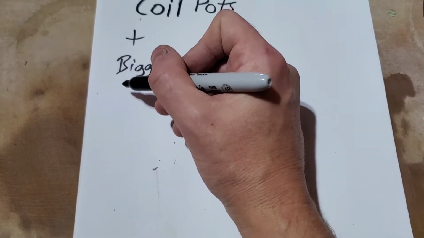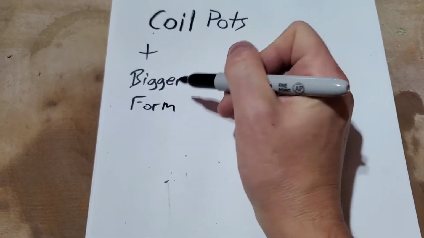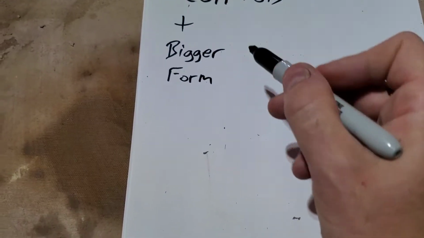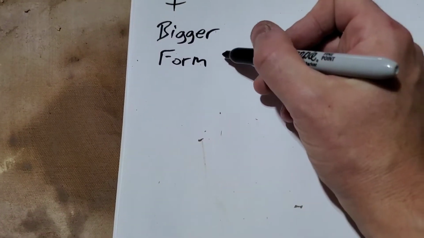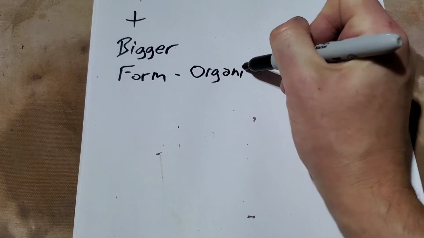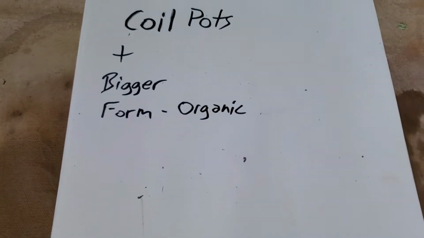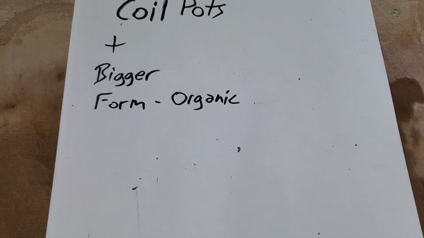More important is that you can control the form much easier. You're not stuck with just making kind of inverted dome shapes. Specifically, you're going to be making organic forms. The difference between an organic form and a geometric form is that geometric forms are the ones that have names.